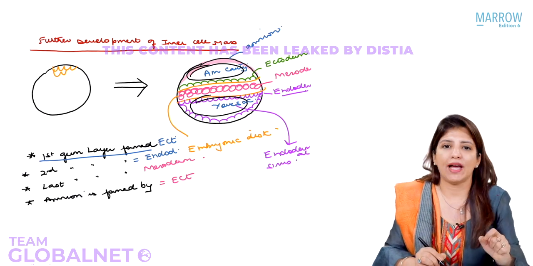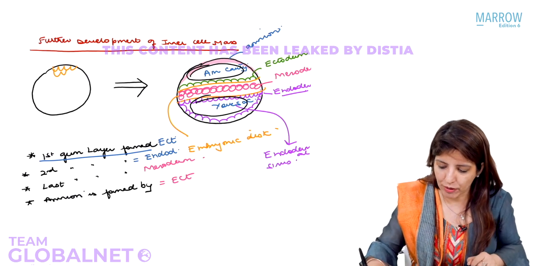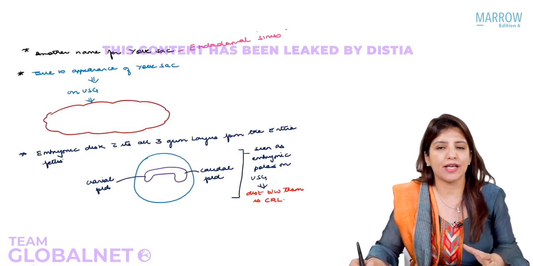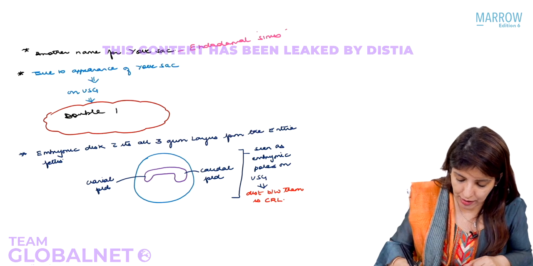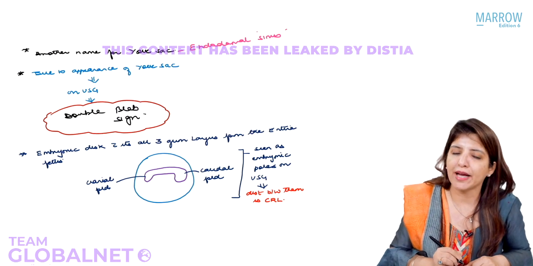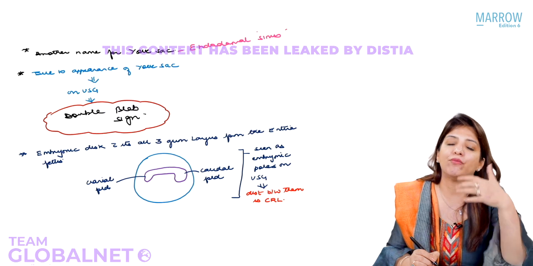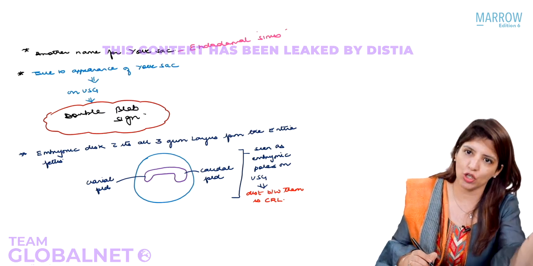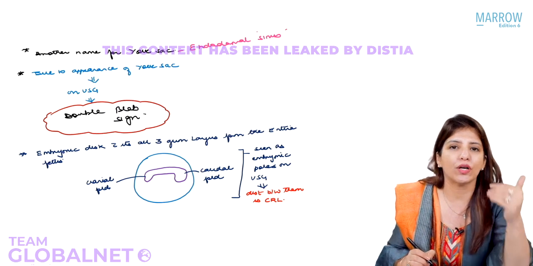And this is called a double bleb sign on ultrasound, right? Double bleb sign means now you can see 2 cavities. The above cavity, the one lined by ectoderm, is the amniotic cavity, and the one lined by endoderm is the yolk sac.